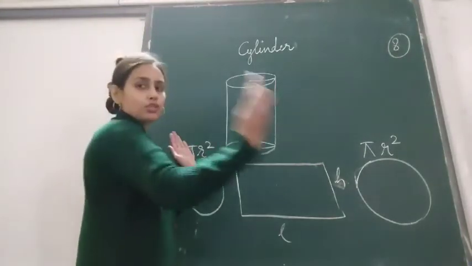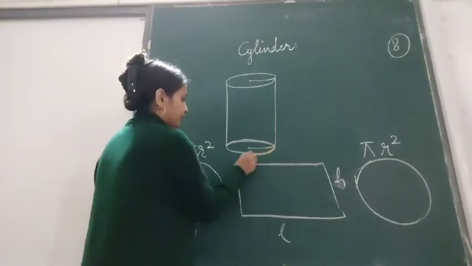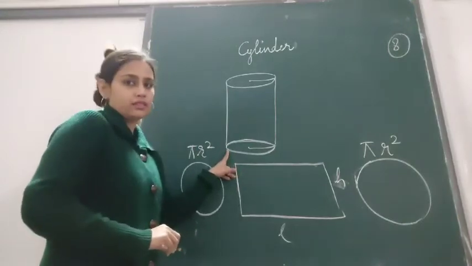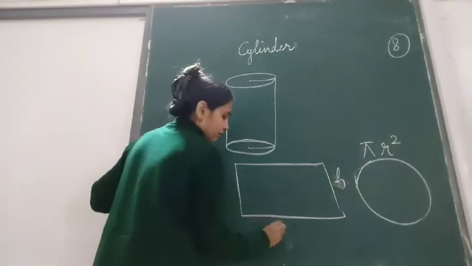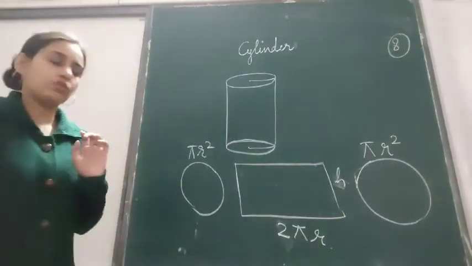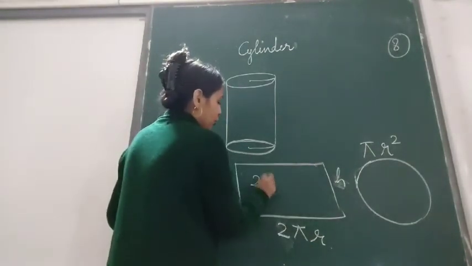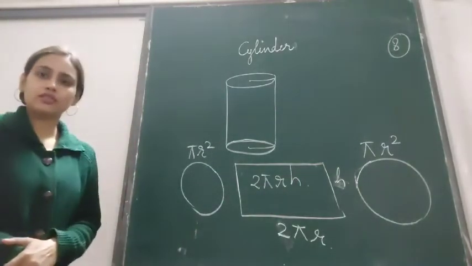The curved portion, this portion. That is the boundary, that is the perimeter, that is the circumference. That means 2 pi r. So what is the area of this rectangle? Length into breadth, 2 pi r into h, that is 2 pi r h.